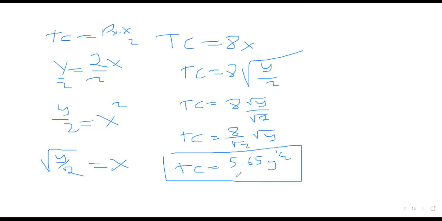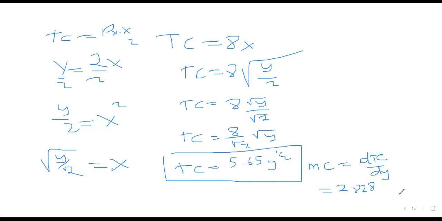After finding our total cost, we can safely find our marginal cost by differentiating this. Marginal cost in this case would be dTC over dy. So we multiply the half by 5.65, which gives us 2.828.